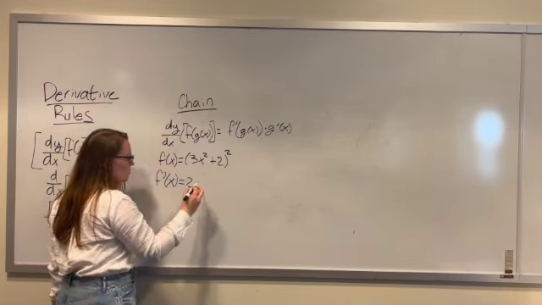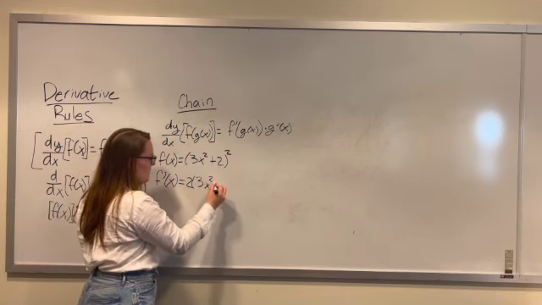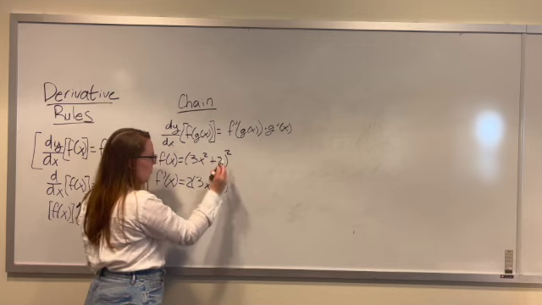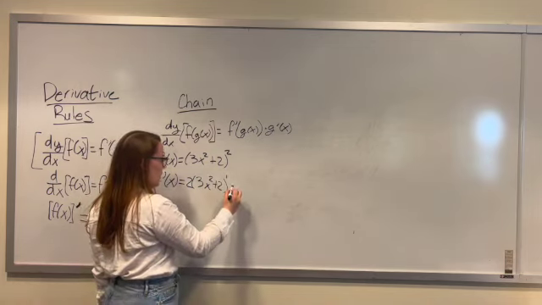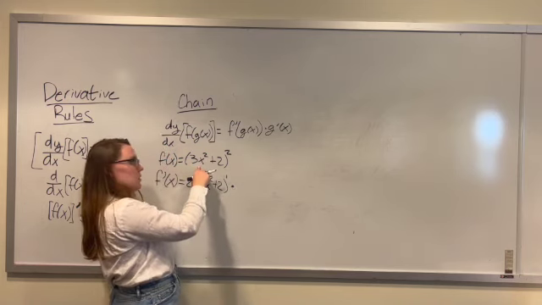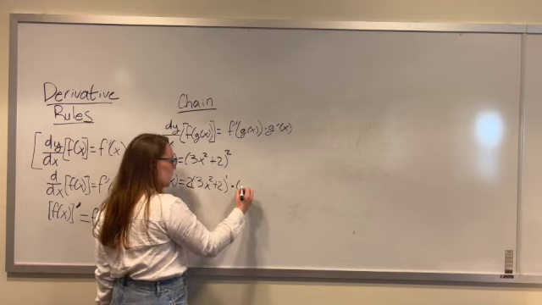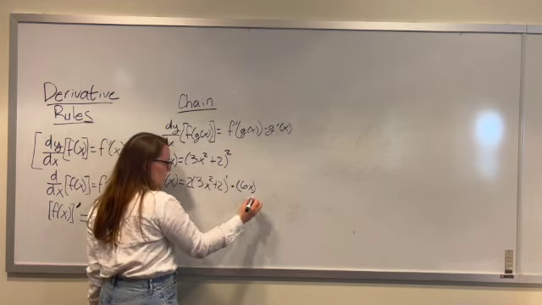So we take the 2 down front using the power rule. The inside stays the same. And then we subtract 1 to get 1. And then we multiply by the derivative of the inside. So using the power rule here, we are going to get 6x plus 0. So I'm going to leave that like that.